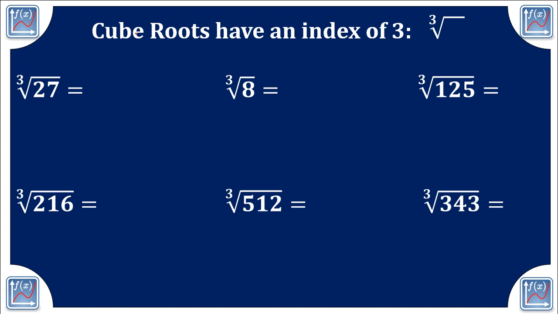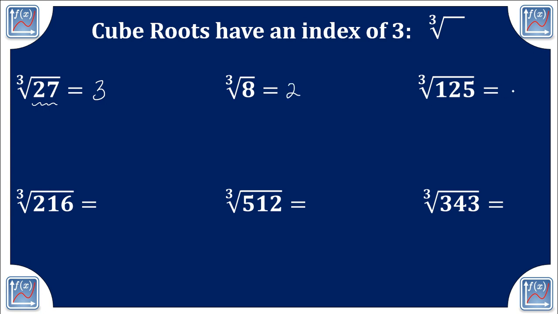So when we take the cube root, our index does have to show a little 3. The only root that doesn't have to have an index is when we take a square root. So we'll just take the cube root of 27. So what times what times what gave us the 27, and that would be 3. The cube root of 8 is 2.